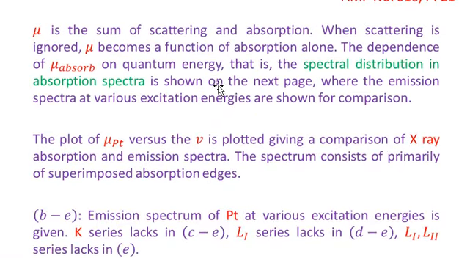So you see that so far I have explained the first paragraph. The second paragraph: the plot of mu platinum versus the frequency nu is plotted, giving a comparison of X-ray absorption and emission spectra.